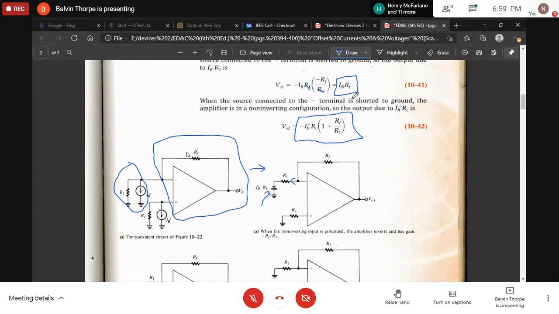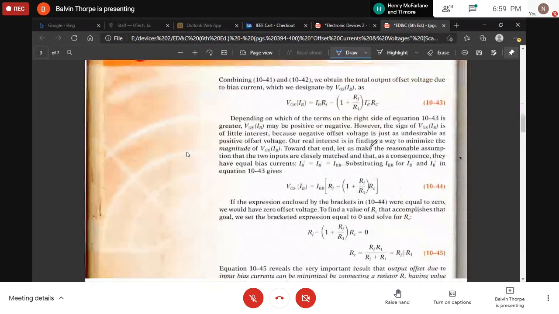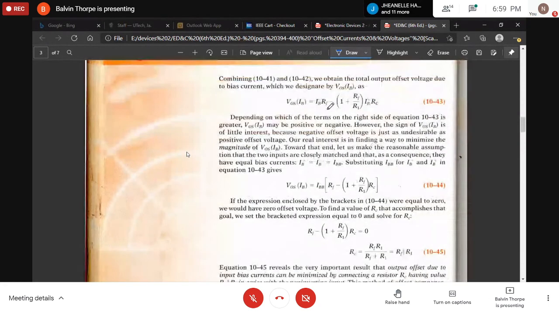And then we have this part of the equation, which of course is now positive. So we combine equation 1041 and 1042, and we obtain the total output offset voltage due to the bias current, which we designate as VOS.